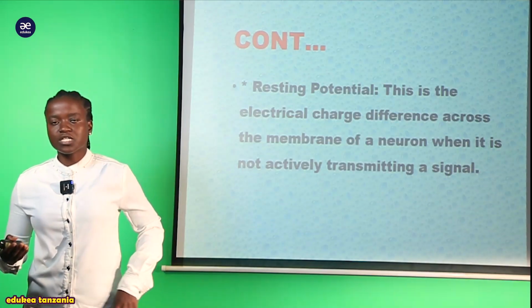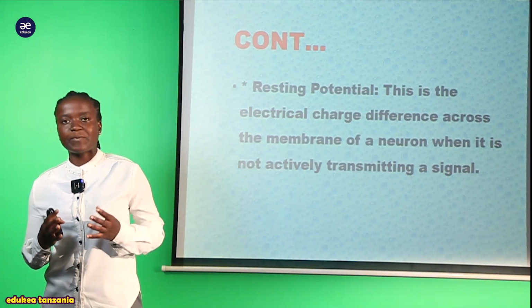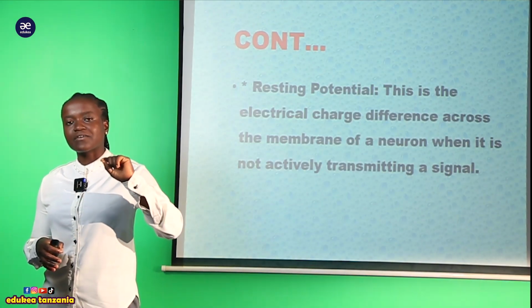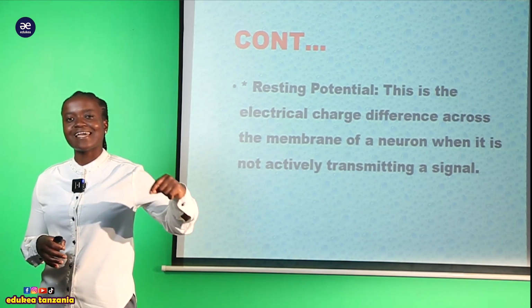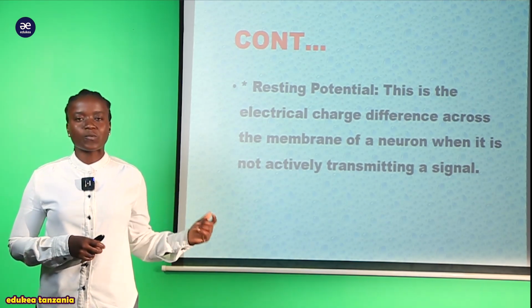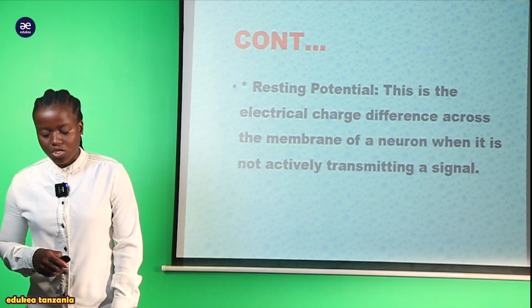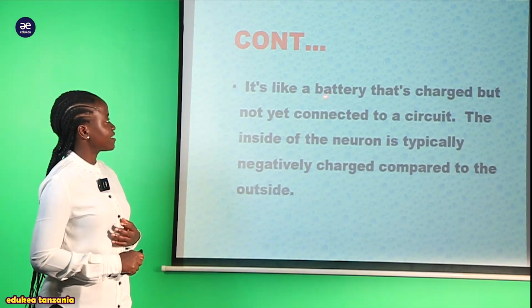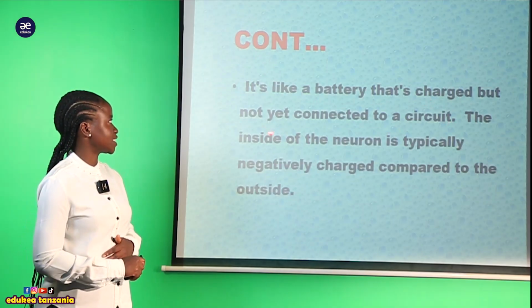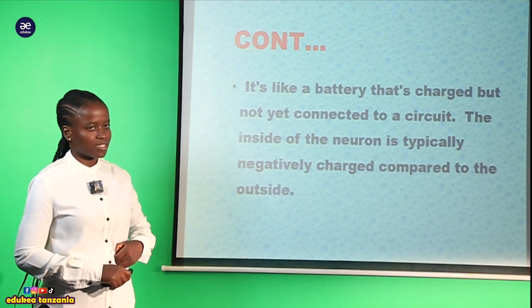So hilo tunasema change inatokea ndani ya axon pale ambapo ile neuron inakuwa katika resting potential, kwa maana kwamba haina impulse yoyote ndani ya axon, ndio inakuwa kwenye resting potential. So tukasema kwamba mfano wake is just like a battery that is charged but not yet connected to the circuit.